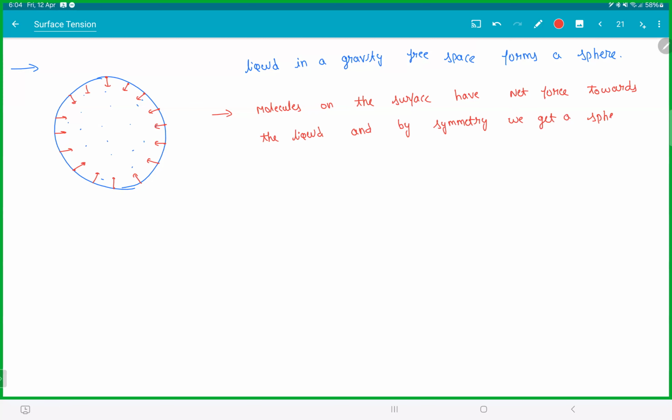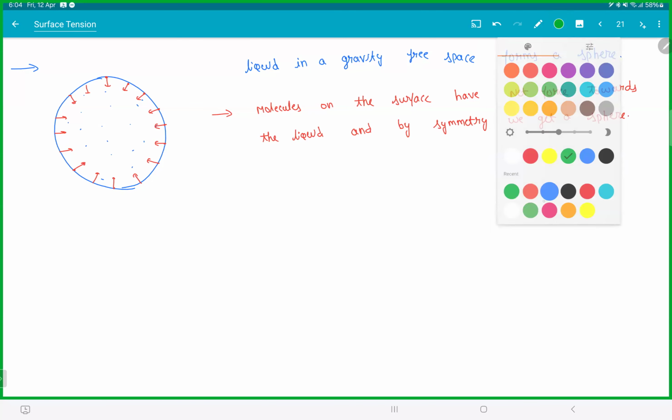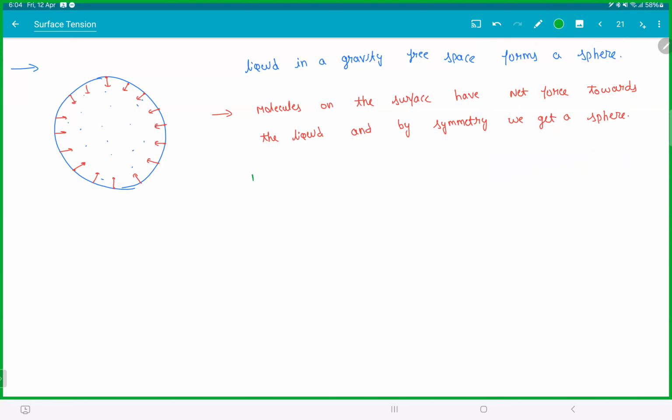But there is another way you can explain the same thing. We can also say molecules on the surface possess more energy than molecules inside. Why?